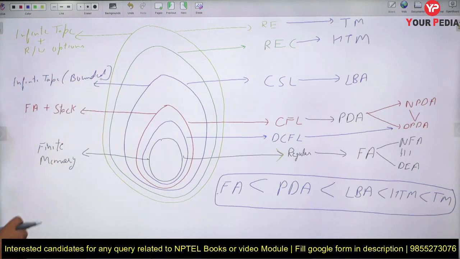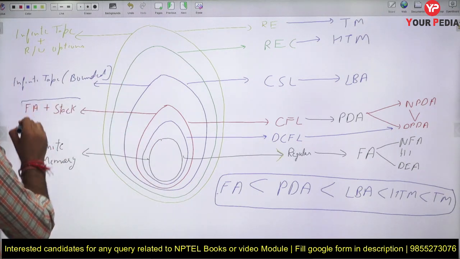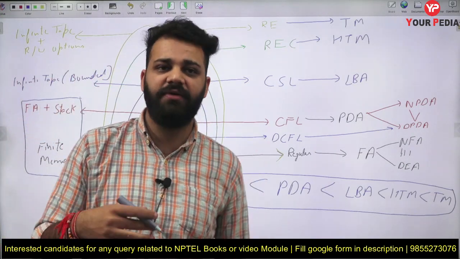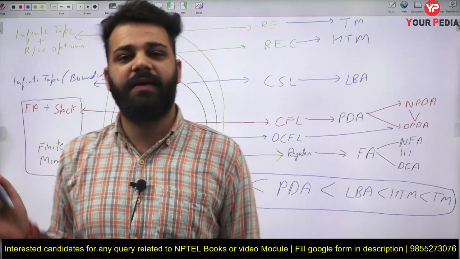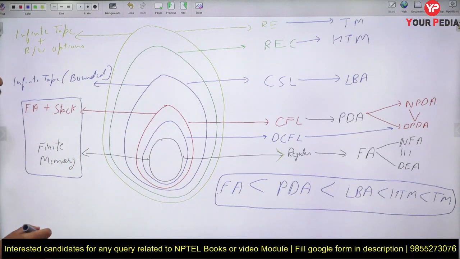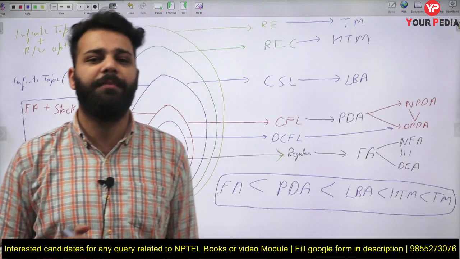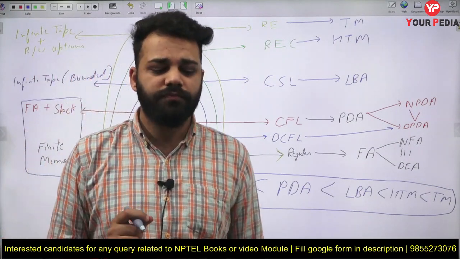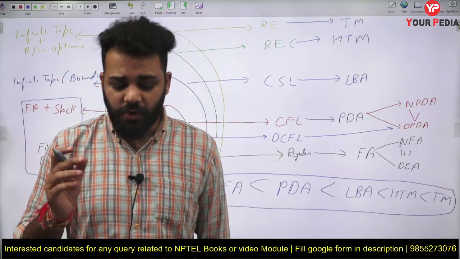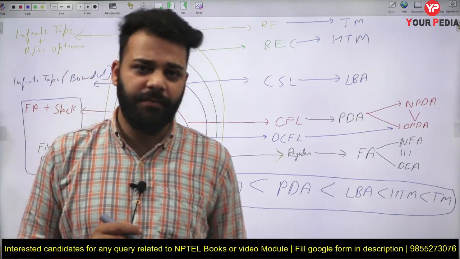Now the question we are trying today belongs to this category. You have to find out whether the language is regular, whether the language is DCFL, whether the language is CFL, will it be accepted by PDA, will it be accepted by DFA, and all. So now finite memory. If you have to make infinite number of comparisons, will it be possible using finite memory? Finite automata cannot make infinite number of comparisons.